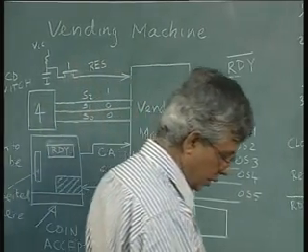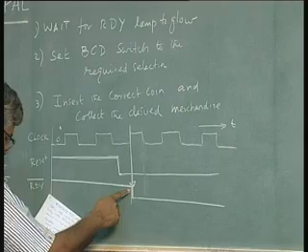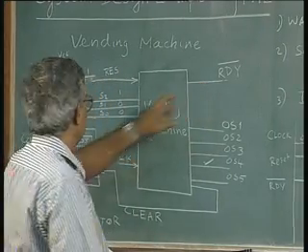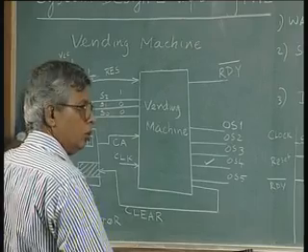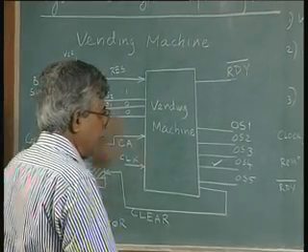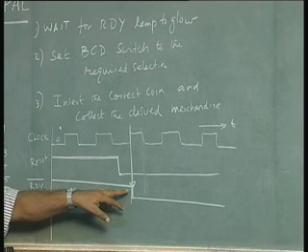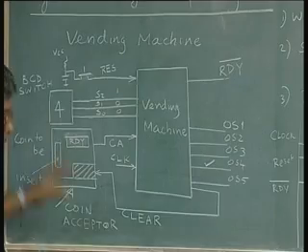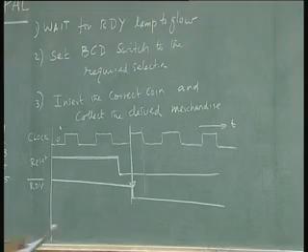So, after this it takes some time, because we already set the ready. That means we are going to select. After this ready signal, only then you are going to set the selection and then insert the coin. So, it is going to take a while. I am not going to show those delays.